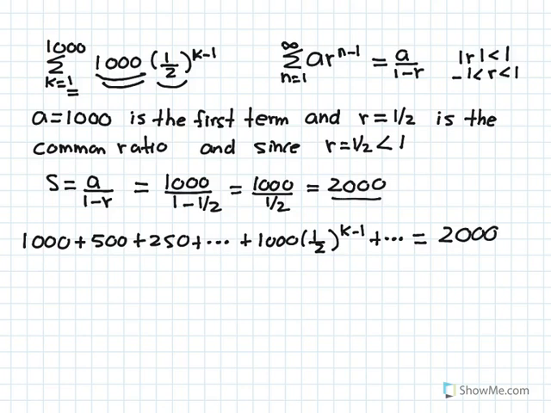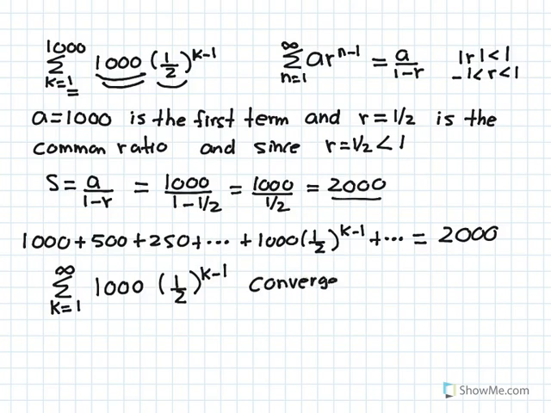In compact form, we can write this as summation k goes from 1 to infinity, 1,000 times 1 half to the power of k minus 1. This infinite geometric series converges to a sum, converges to S, is equal to 2,000. All right, thanks.